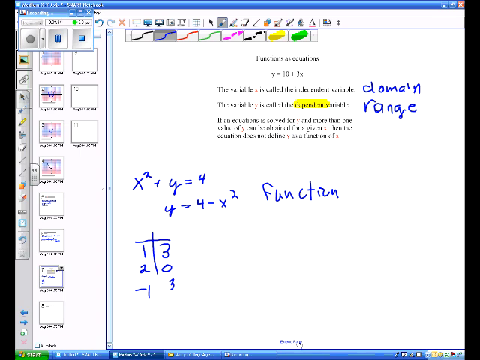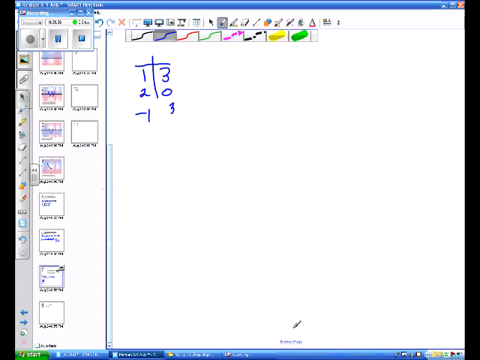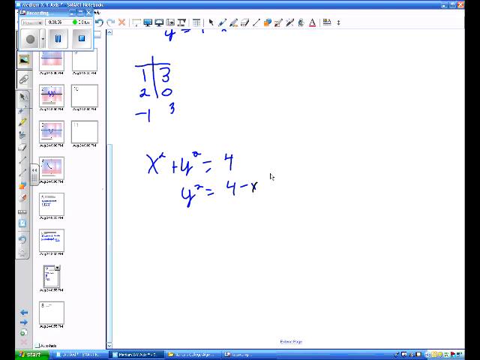Okay, let's look at another one. Say that our equation is x squared plus y squared equals 4. Now the first thing we want to do is to solve it for y. So we'll subtract x squared, and we will then take the square root of both sides.